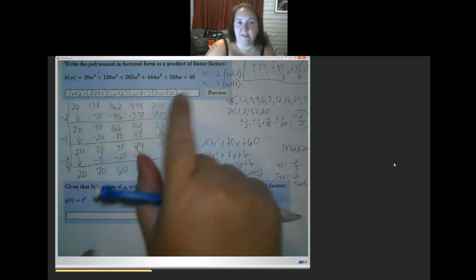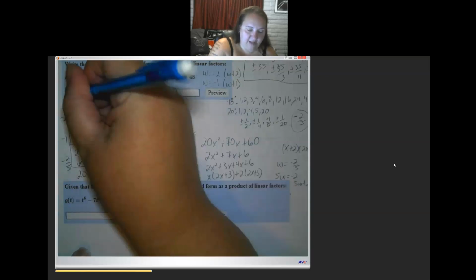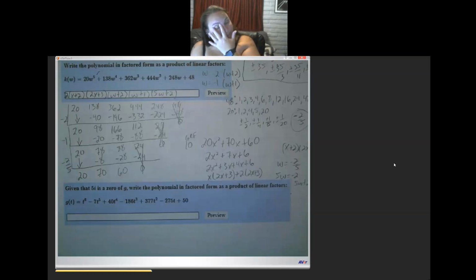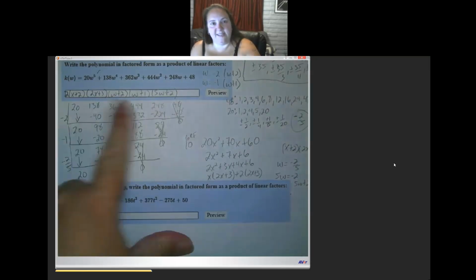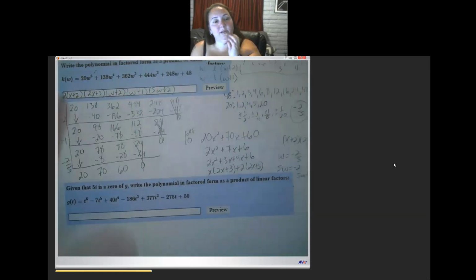And what did I need it to be? 48? So then that means that I should have had a 2 in front here that I lost. So it's always good to check your constants at the end and make sure that your constants all multiply to this. And if they don't, add a leading coefficient to make that happen.